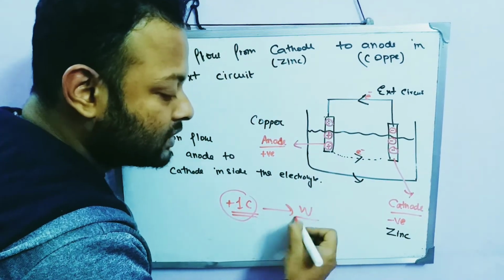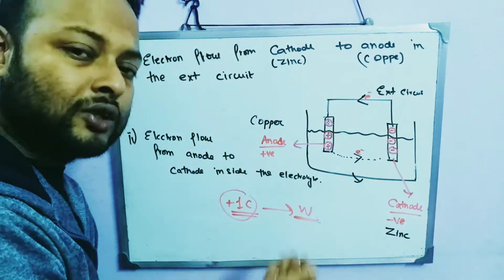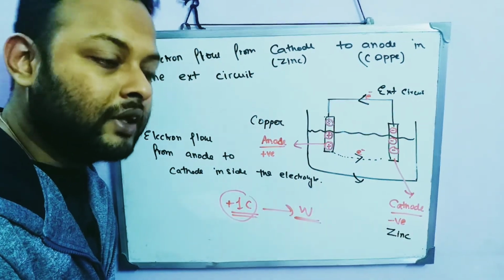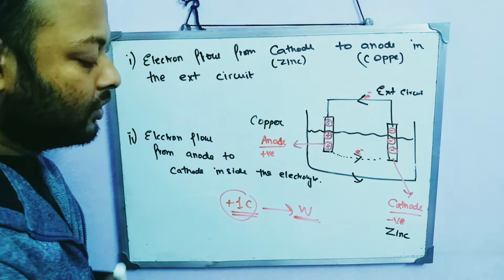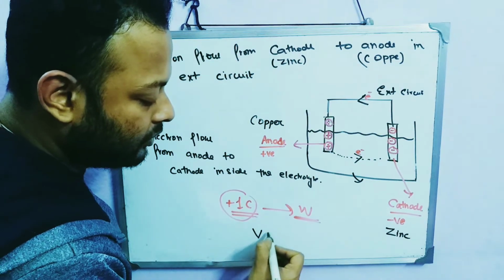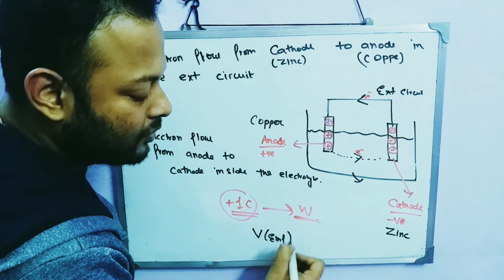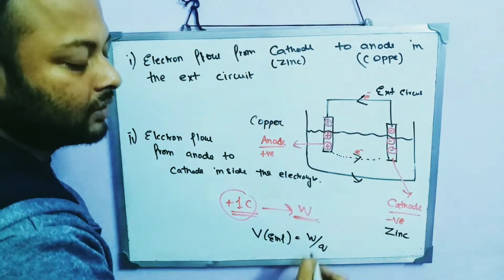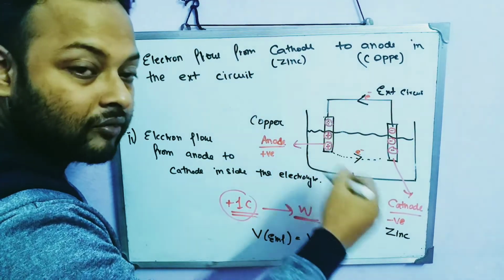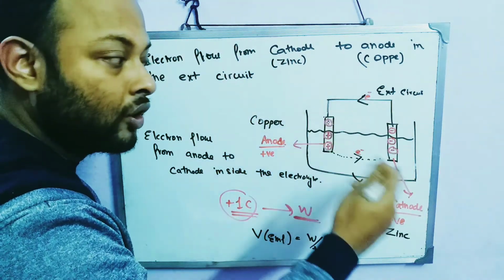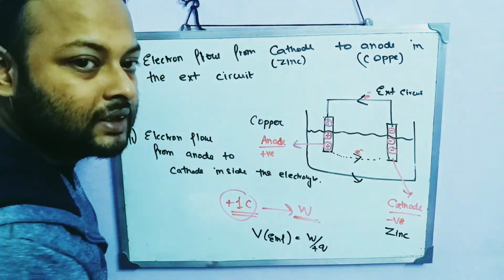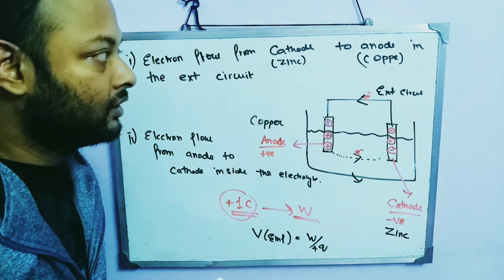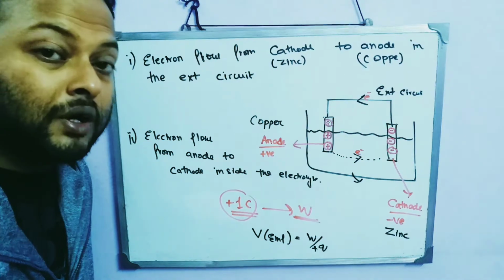How much work is done by a unit positive charge in traveling in the entire circuit, external as well as internal, is called the EMF. Okay, so you understood this part.